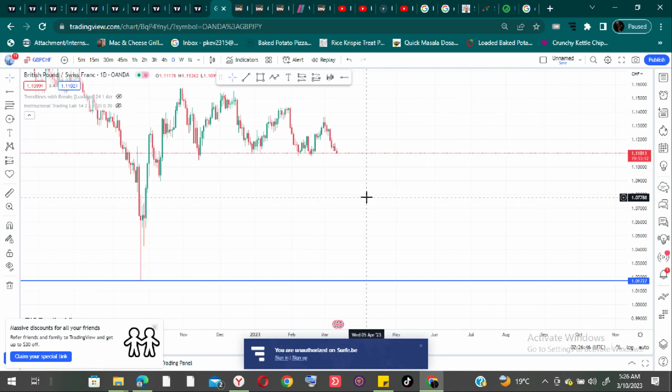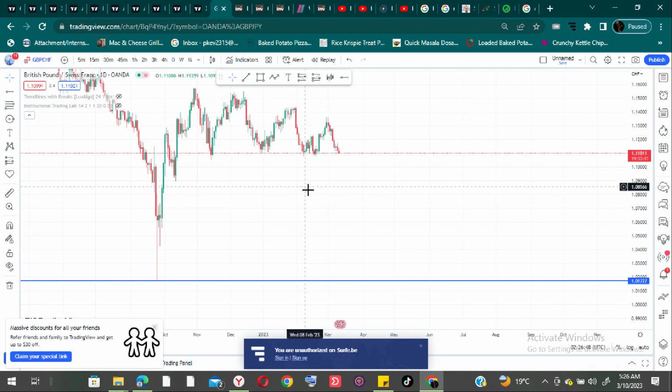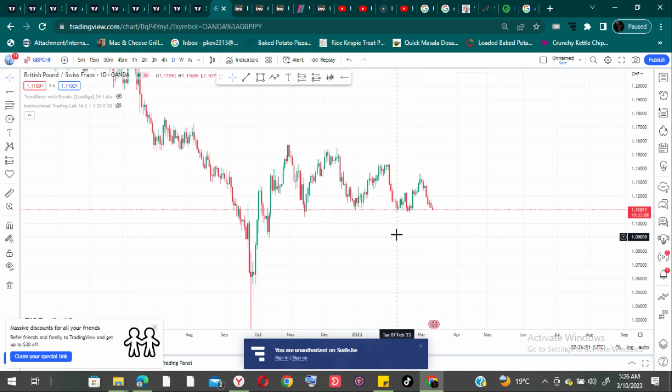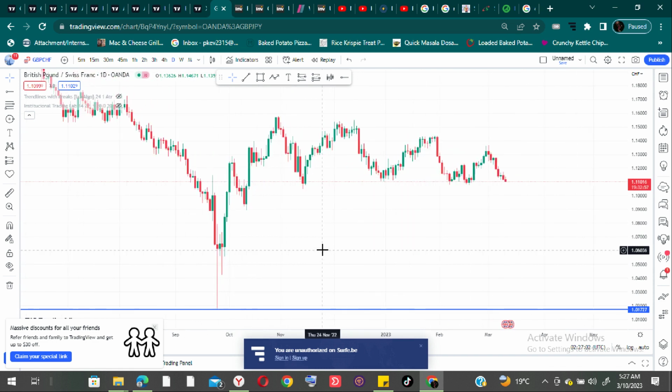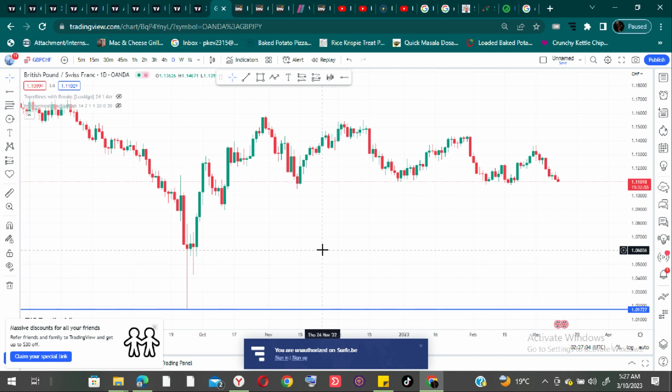While marking your support and resistance zones, you want to pay attention to the closing and the opening of a candlestick. When I talk about the closing and the opening, I'm talking about the body. And then you can see, like right now, our demand zone or our support zone is this level, which is the last point where the body literally closed around this zone.